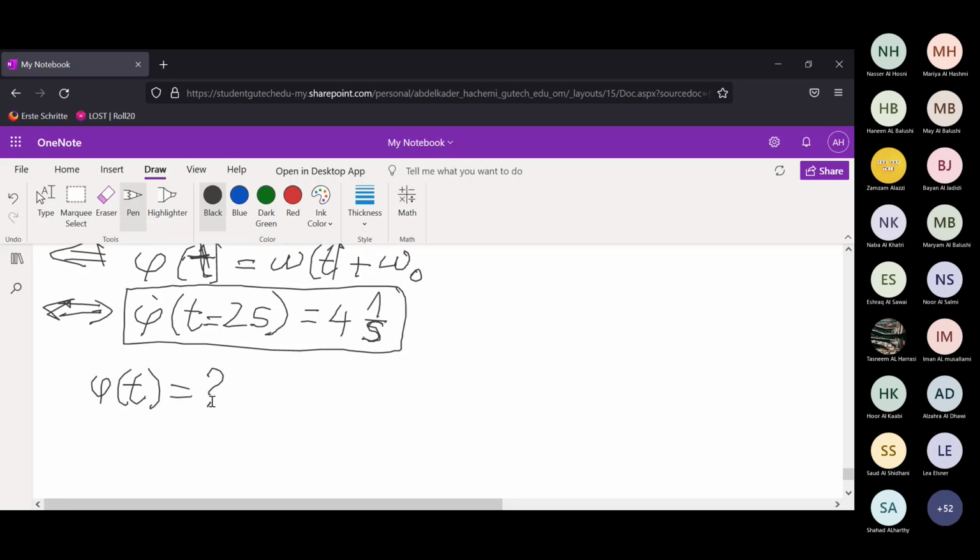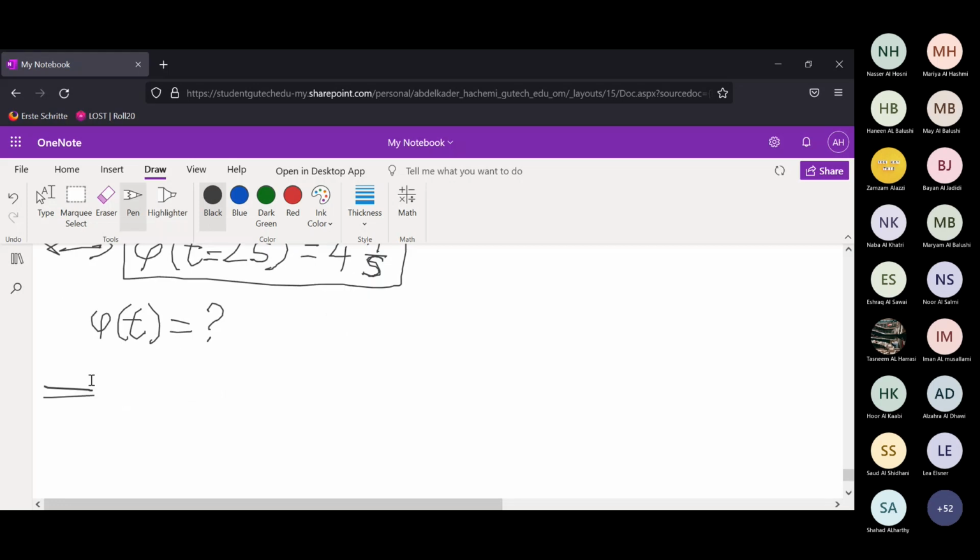Then if we integrate that, we get here phi at time t equal to omega dot t square divided by 2 plus omega 0 times t plus constant c.